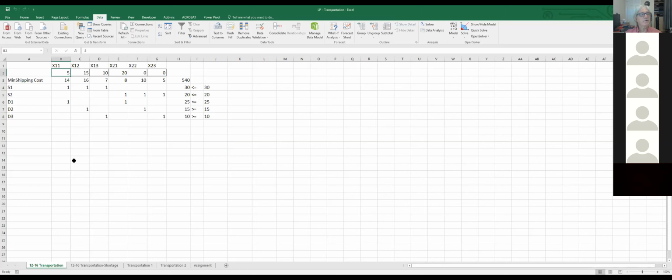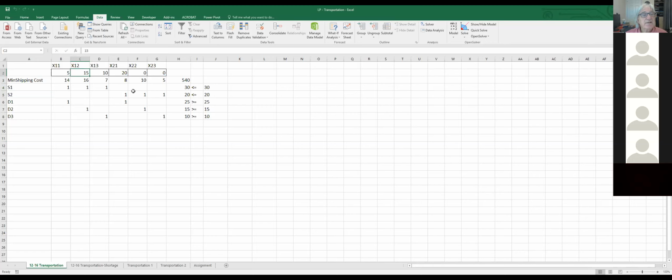Here, you ship 5 units from Jefferson City to Des Moines, and 15 units from Jefferson City to, I don't remember the city. Okay, so let me say, from S1 to D2, 15 units.